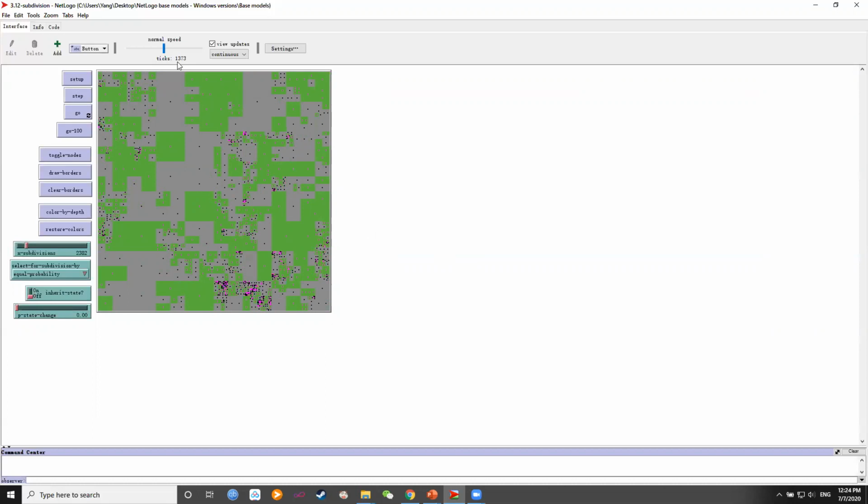For now, 1,333 steps, or you can say times or ticks. And now we have this spatial pattern. There are aggregations. For example, this green cluster, this green cluster, another green cluster here, and also segregation, right? All those green clusters are separated from each other, and each one is an aggregation.